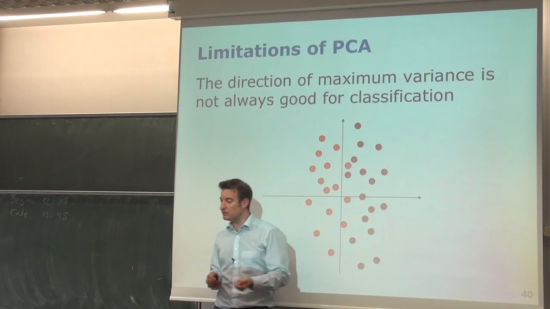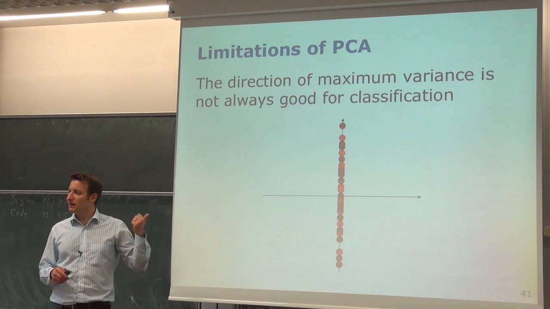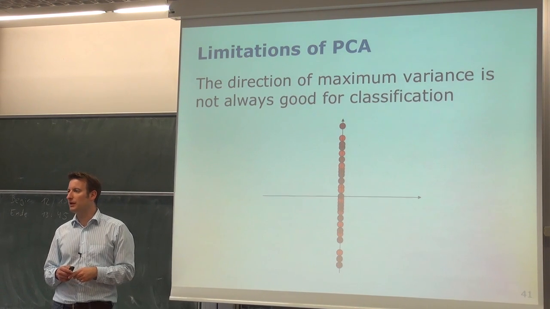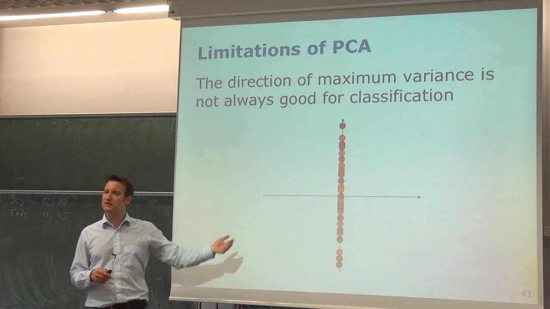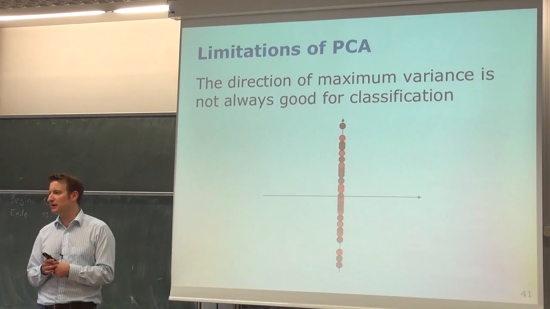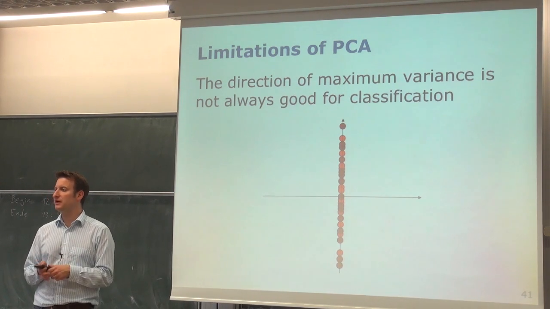If I do the dimensionality reduction first, it may lead to this result. And whatever classifier I apply, I'm not going to separate those points very well. So performing this dimensionality reduction has a huge negative impact on the classification result, because the classifier will not perform well.